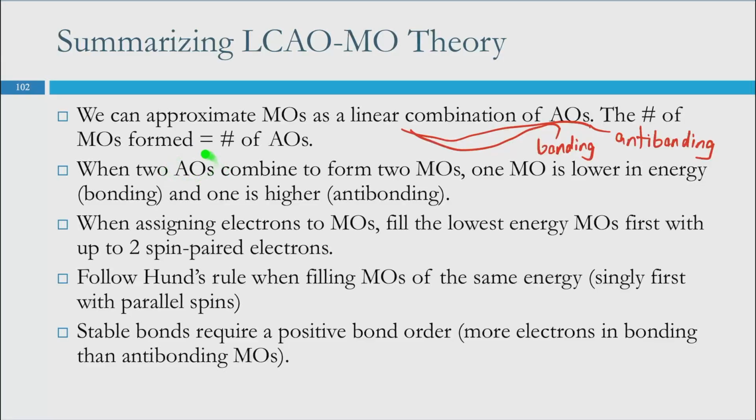When our atomic orbitals, like our 1s orbitals, combine and form our molecular orbitals, one is lower in energy. That's our bonding. Bonding is favorable. And one is higher in energy. That's our anti-bonding, which kind of offsets the benefit of the bonding.